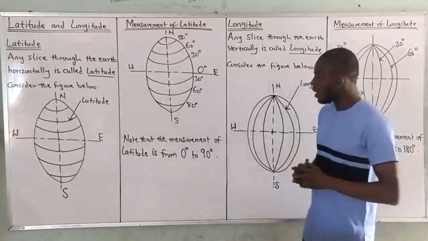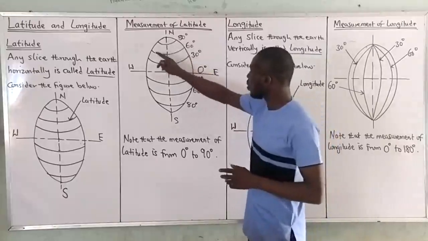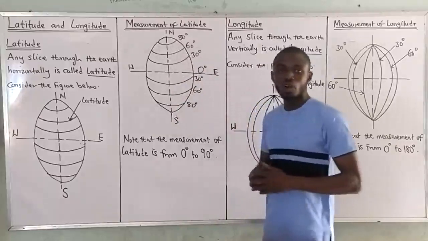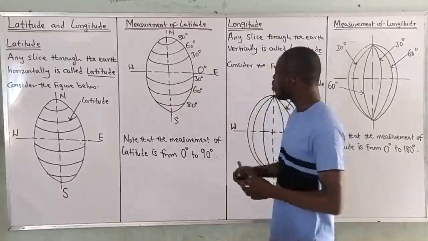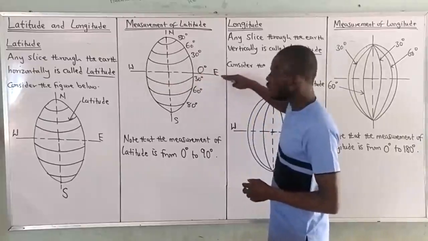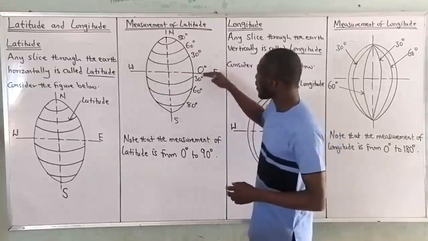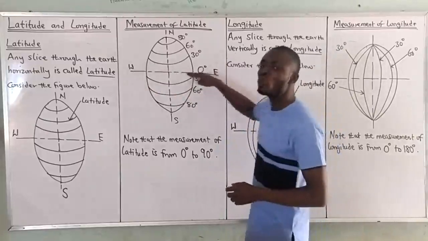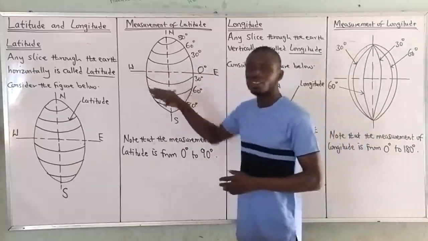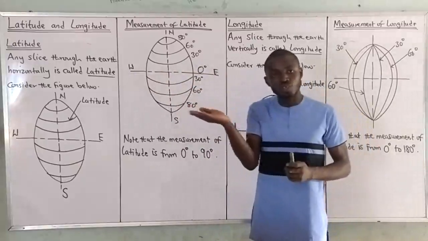Now, having understood latitude, let's now look at the measurement of latitude. Look at this diagram carefully. You can see that we still have the horizontal slice, which shows that we are dealing with latitude. But look at this horizontal center here. We have the West, we have the East, and we refer to this as the equator, at the middle of the Earth's surface horizontally.